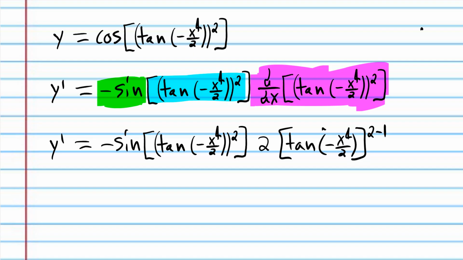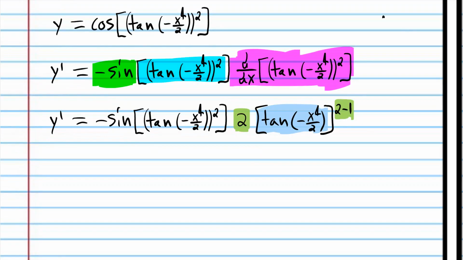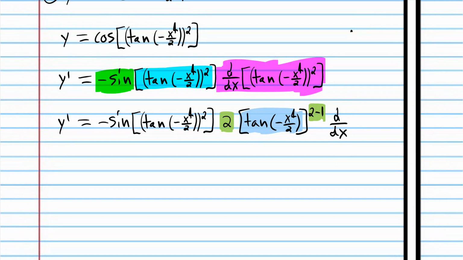So we found the derivative of the outside function, and we kept the inside function. And now we're going to multiply by the derivative of the inside function. And the inside function is tangent of negative x to the fourth over 2.